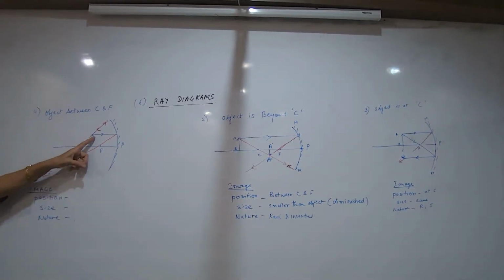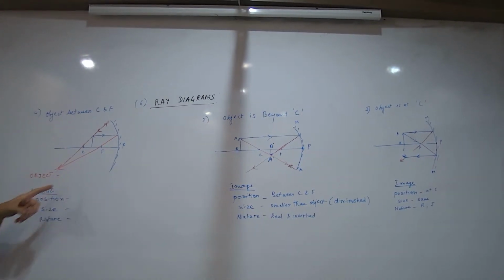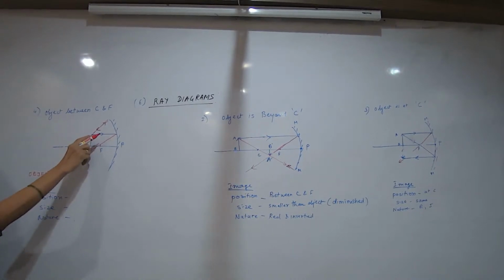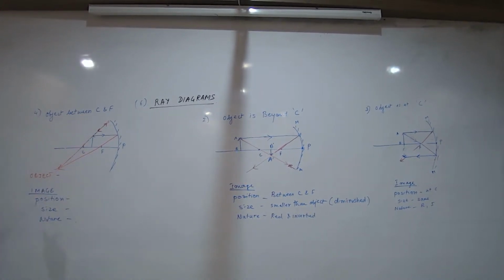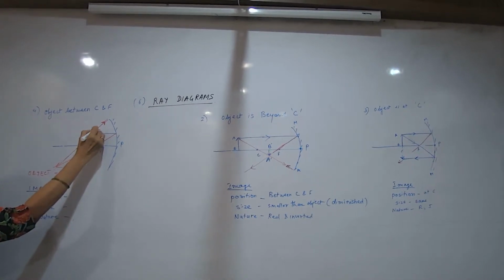So the first one, parallel, passing through F. Second one, a ray which is passing through C will hit the surface and come back on the same path. So here we have got both arrows.